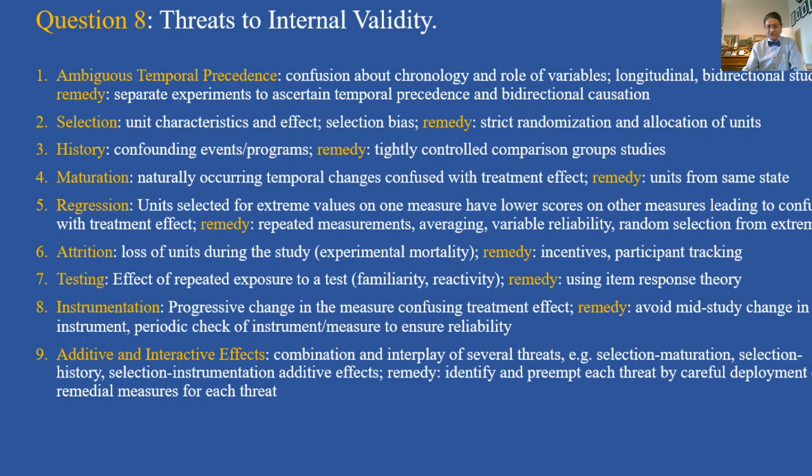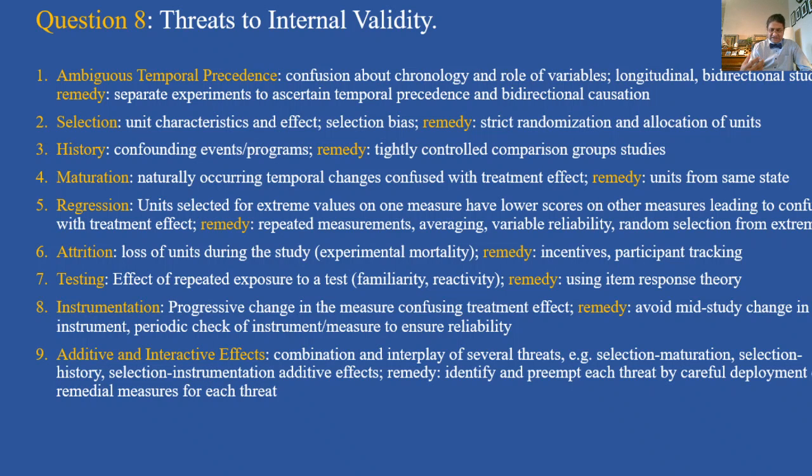Threat number 9, the last threat, is additive and interactive effects of various threats. So all these different threats never occur in silos. Threats will always occur in one, two, or in combinations, and they will have additive or interactive effects to adversely influence the outcome of the study. It is usually very difficult to estimate different threats in a study.